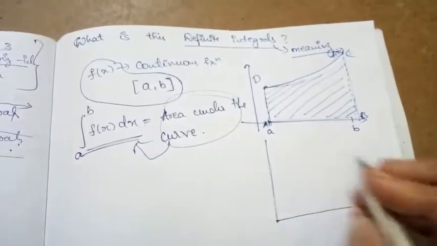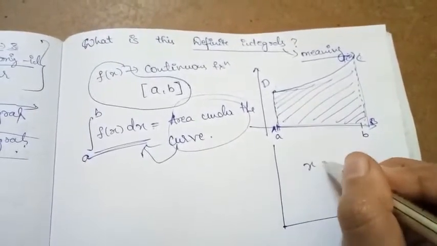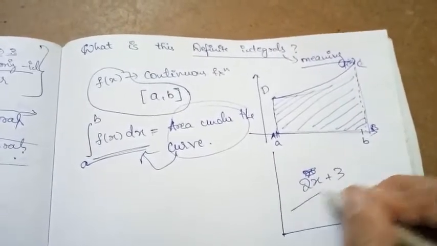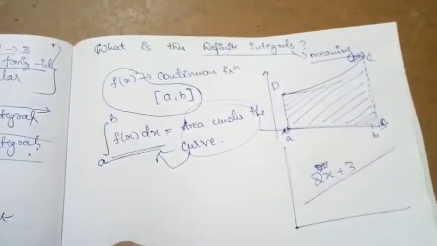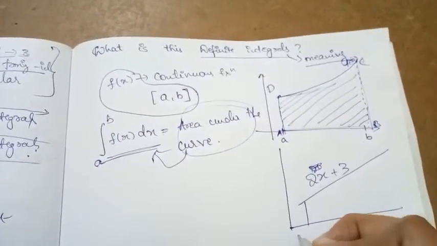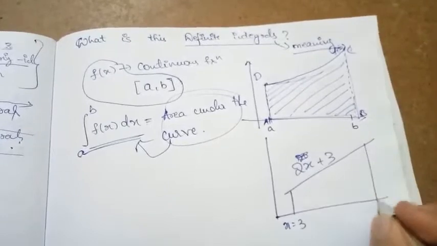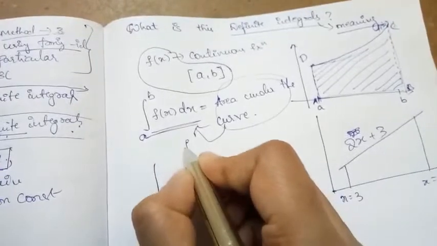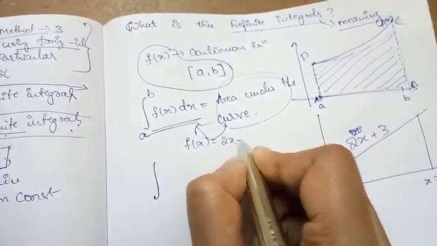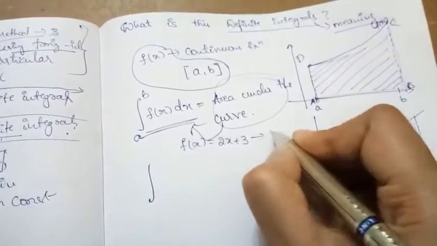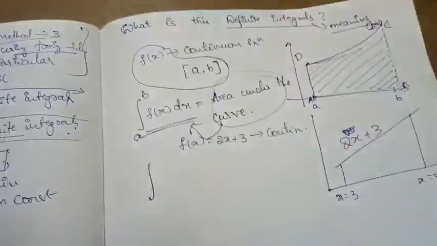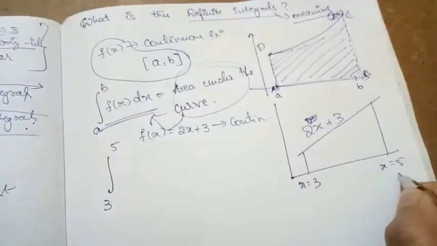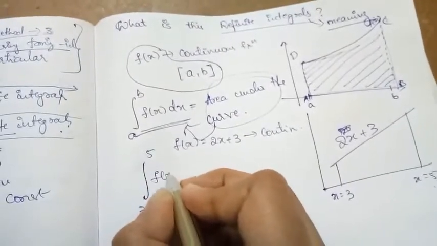Suppose I consider the function 2x plus 3, which is obviously a linear function, upon the closed interval x = 3 to x = 5. How are we going to find it? I consider f(x) = 2x plus 3, which is a continuous function, on the closed interval 3 to 5, where 3 is the lower limit and 5 is the upper limit, f(x) dx.